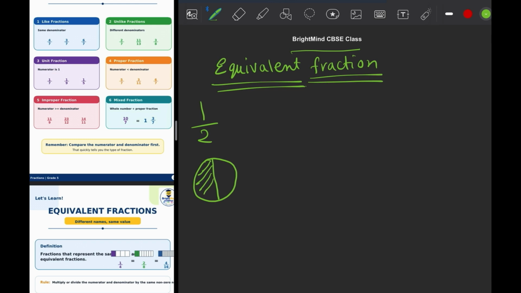One piece I will fill with lines, and imagine this lined piece I will eat. So I eat one piece, which means I have eaten 1/2 of this pie, right? Half of this pie.